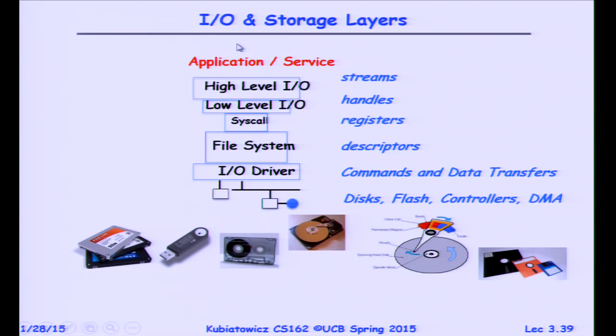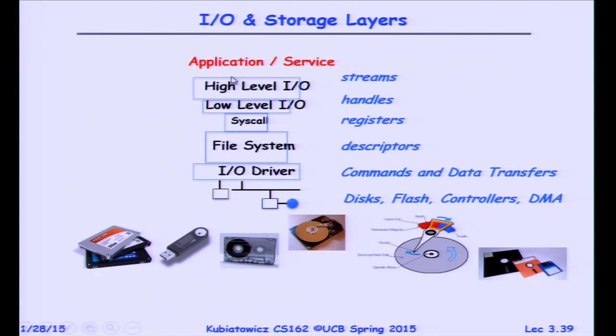Up high is the application, and here in the application, you might actually execute an fopen for a stream or buffered file, and what you have is you use the high-level C library, and it invokes low-level I/O system calls, and those talk to the file system, which has things like buffering, and the file system talks to device drivers.